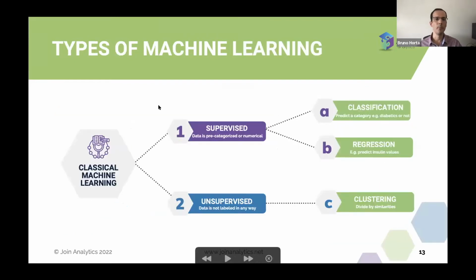There are two basic types of machine learning methods. So supervised learning is when you show the label of the data. So you have pre-categorized data or numerical values to show to the computer as a reference. For example, in the example that I described of the dog and the cat image, right? So you have told the computer what is a dog image and what is a cat image.